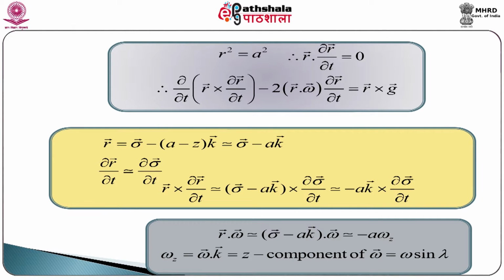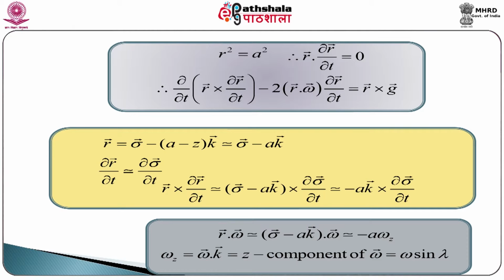We know that r square equal to a square, where a is constant. So, if we take the partial derivative with respect to time t, we get r vector dot del r vector del t equal to 0.